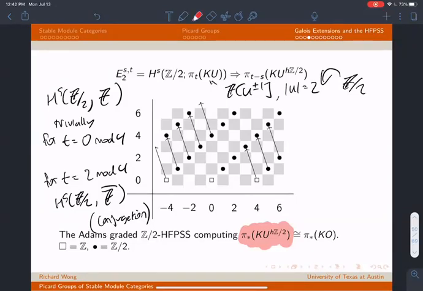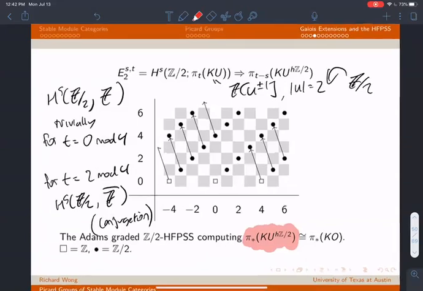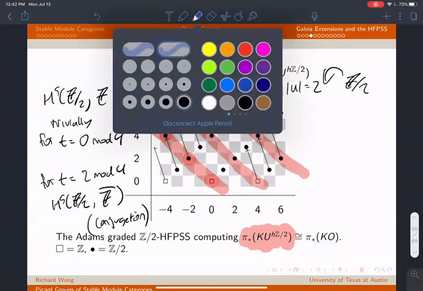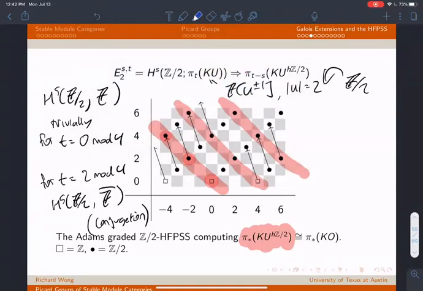For 0 mod 4, you get what happens in this line. You have a Z in degree 0, and then Z mod 2's in even degrees after that. And it's periodic, so we get lines that look like this. And for Z mod 2 with the conjugation action, you just get Z mod 2's in odd degrees. And that's what these blue lines are.